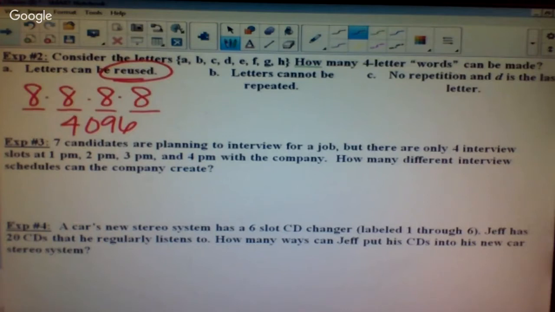So again, how many total options do I have to pick from? 8. How many letters is my word? 4. This is 8, permutate 4. 8, permutate 4. How many options you have, how many you need.